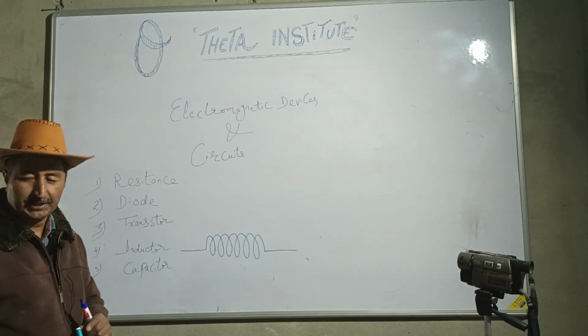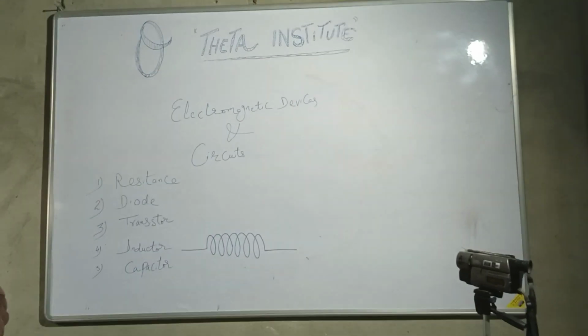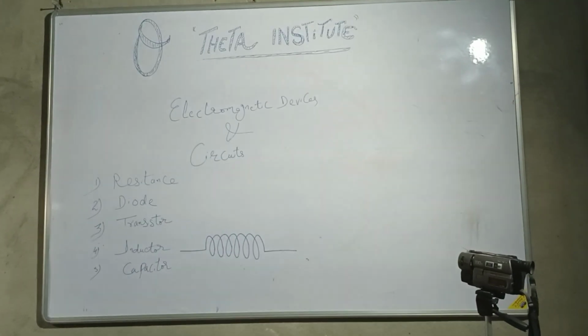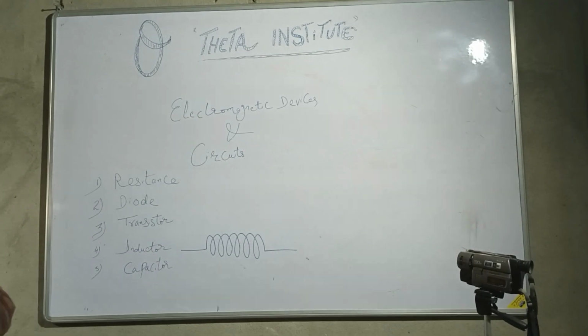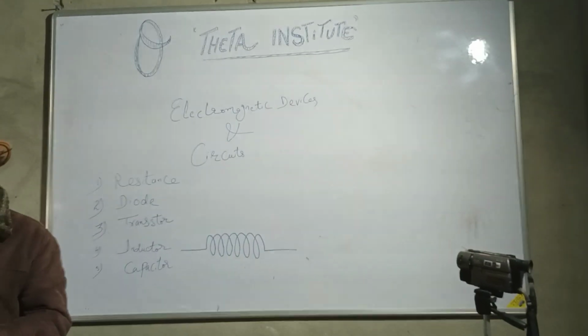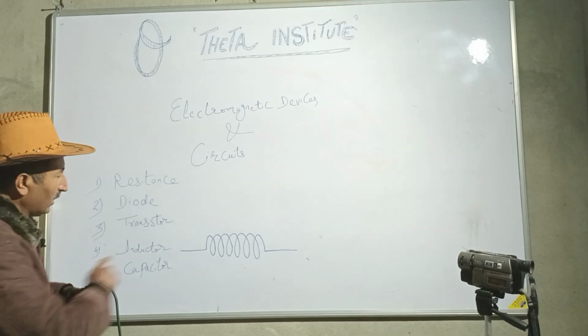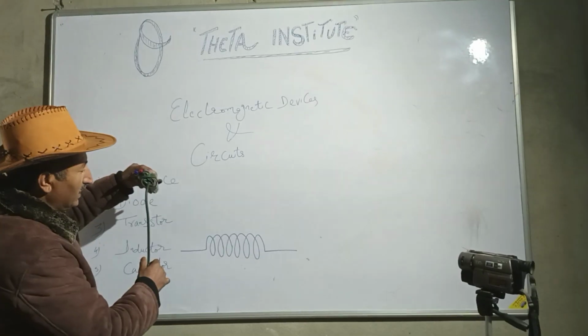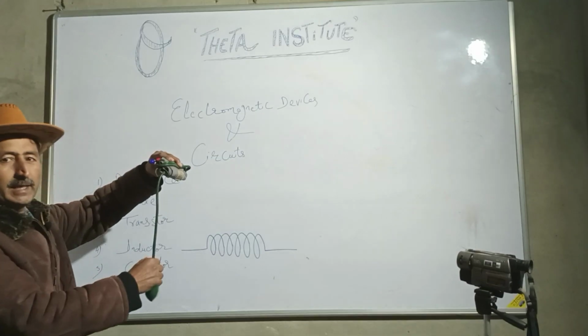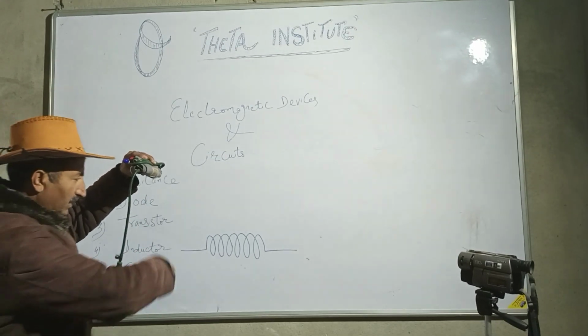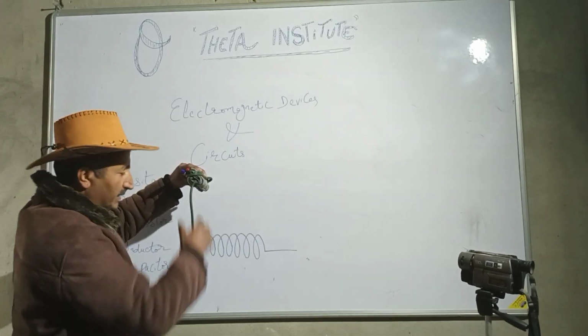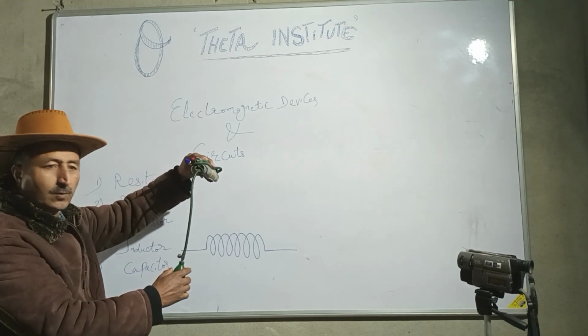It offers a delay to the flow of electric current, just in the same way as a thread: as long as the turns are, it is equivalent to as long a thread. If many number of turns, then it is equivalent to a long thread.